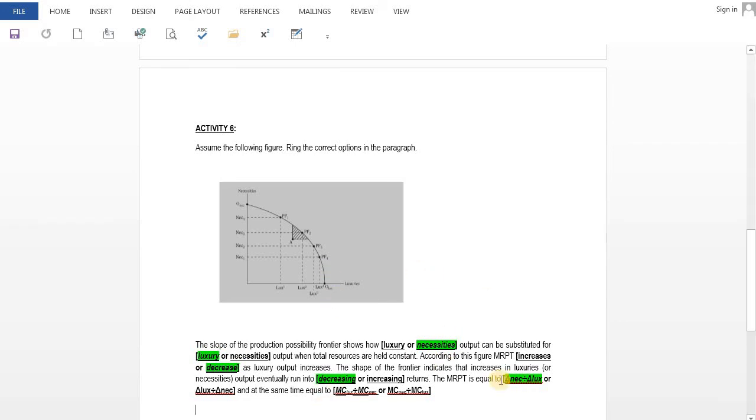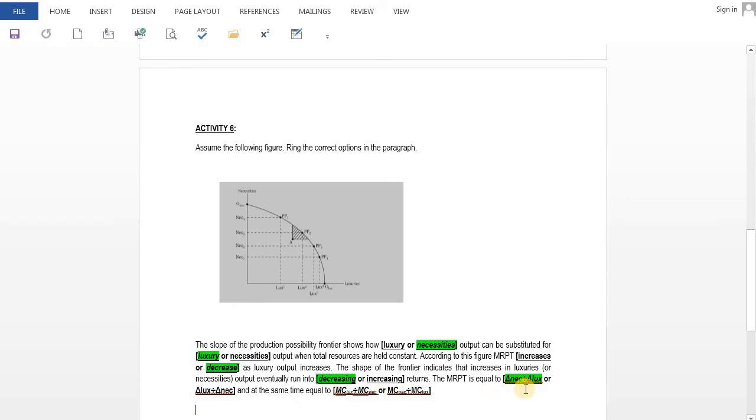Please make sure that you fully comprehend this and are able to deduce the difference. MRPT is equal to change in Y over the change in X. What is on your Y axis is necessities over luxuries, but it's a different logic when it comes to marginal cost and price ratios.